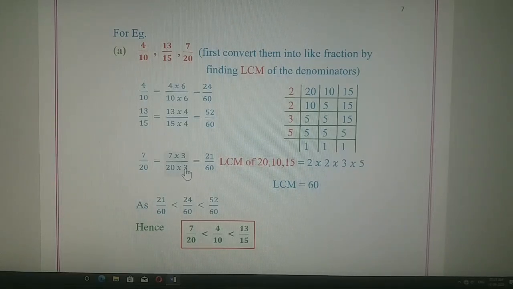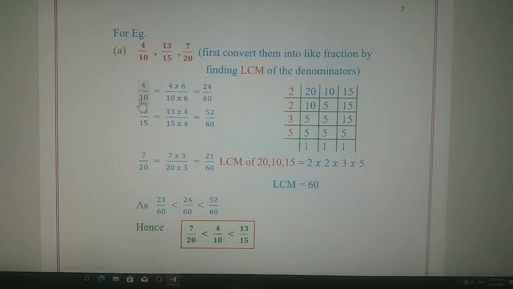So the same common factor of the LCM should be multiplied in the numerator also. So in the numerator also we will multiply 3. 7 3s are 21. So 7 upon 20 becomes 21 upon 60. So the new fraction thus obtained will have the LCM integer in the denominator, 21 upon 60.